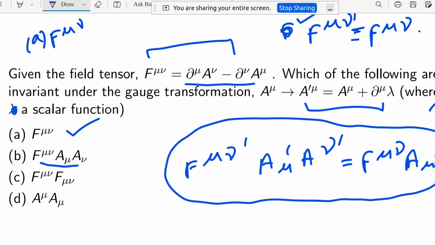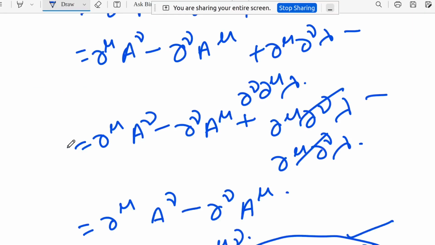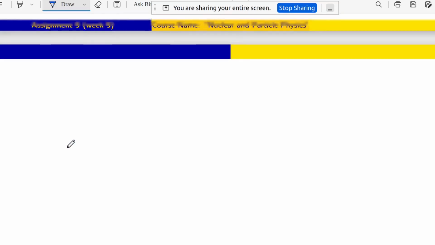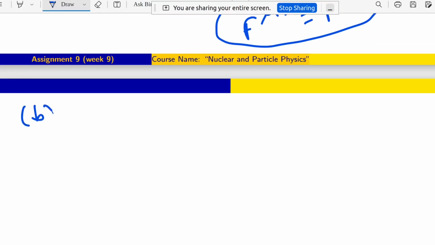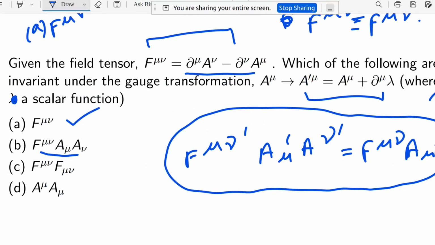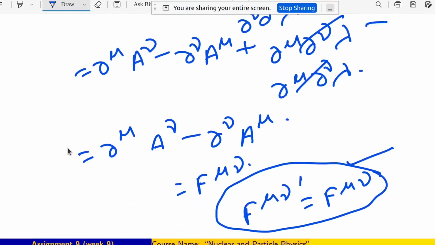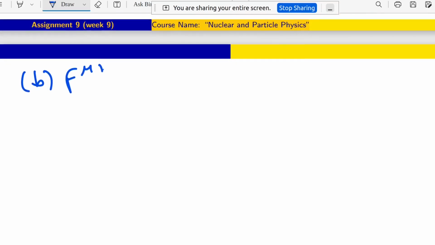Now coming to the second one, F_μν A_μ A_ν. Sorry, F_μν A_μ A_ν.